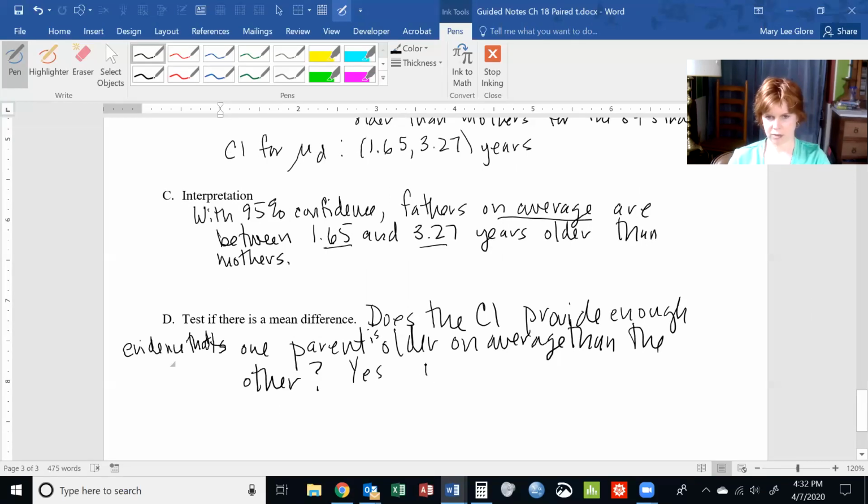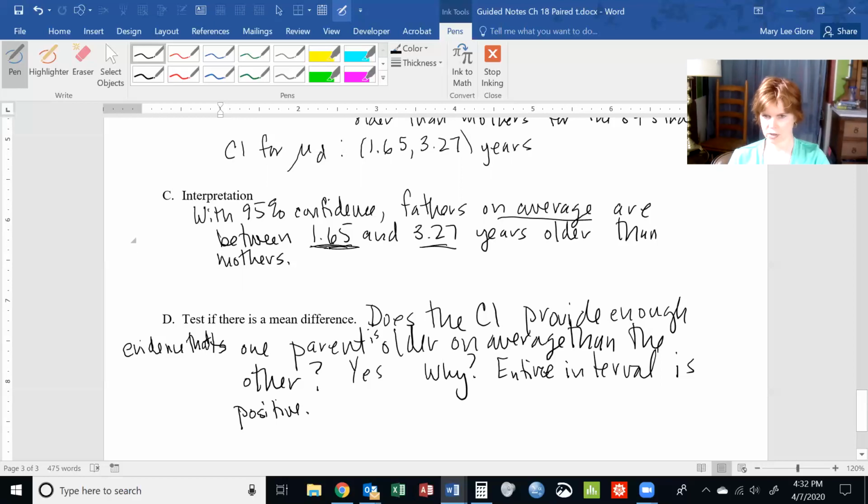So why is that? The reason is because both the left and right side are positive, right? So the entire interval is positive. So all the reasonable values of the difference, the smallest difference in ages is where the fathers are 1.65 years older, and the biggest is that they're 3.27 years older.